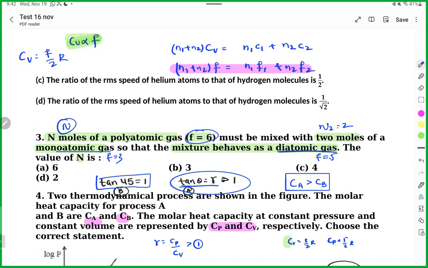F1 for the first gas 6. F2 3. Yes or no? Was it really difficult? No, sir. Exactly.